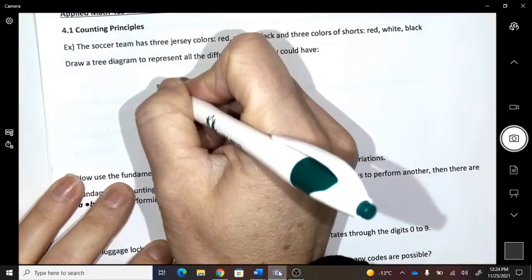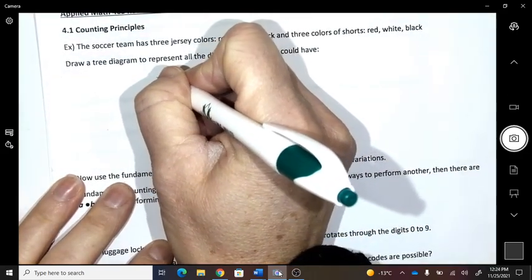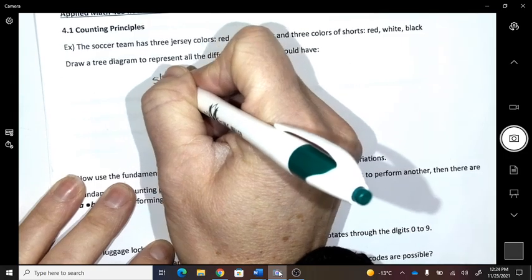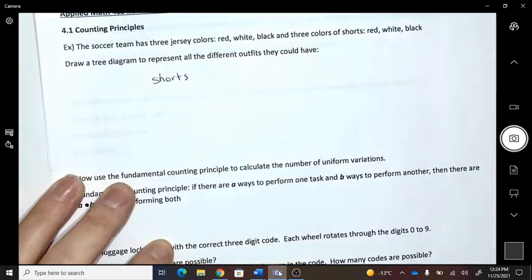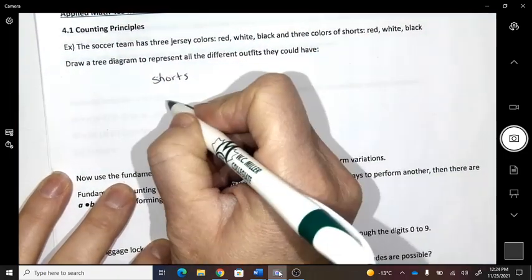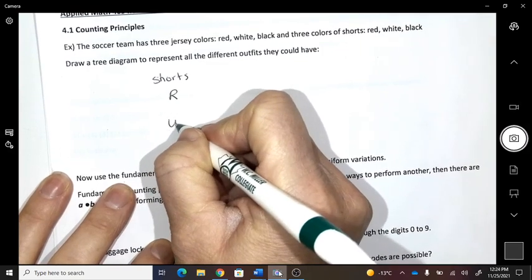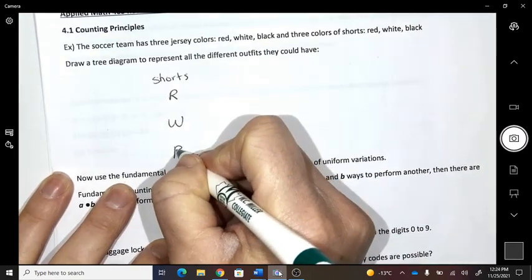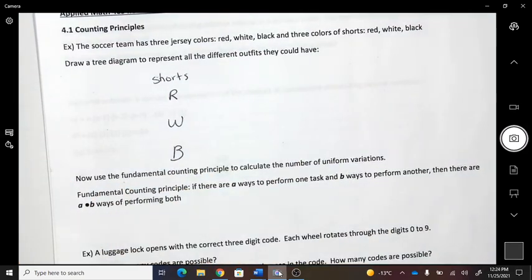Okay, so let's start with shorts. First of all, they could wear red, they could wear white, or they could wear black shorts.